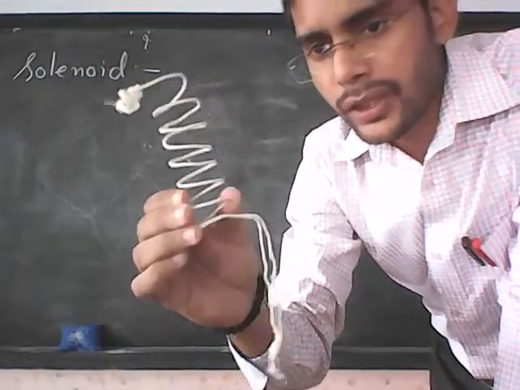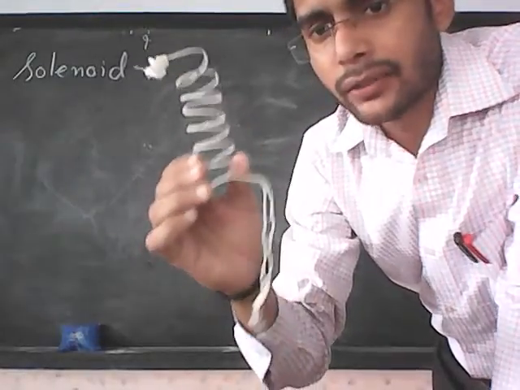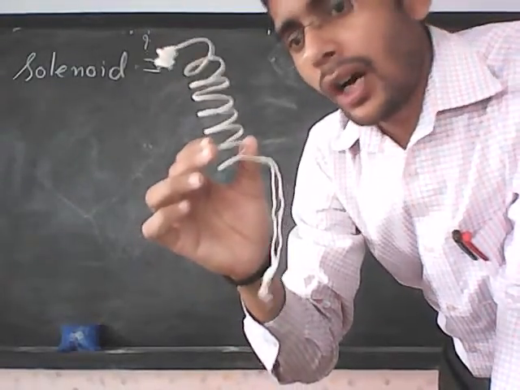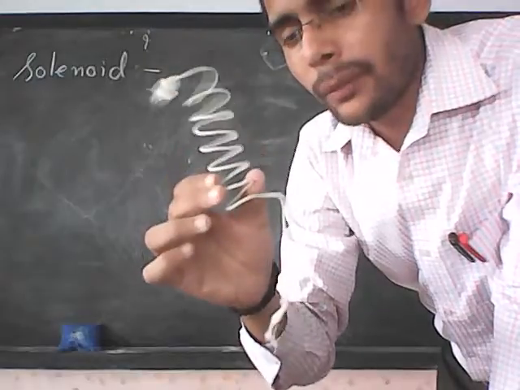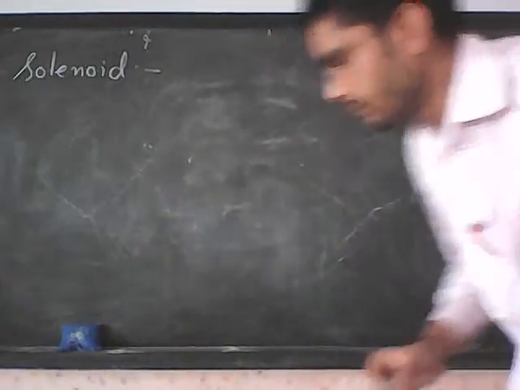Okay, so this behaves as a simple bar magnet. We can also find out what will be the direction of its magnetic field.